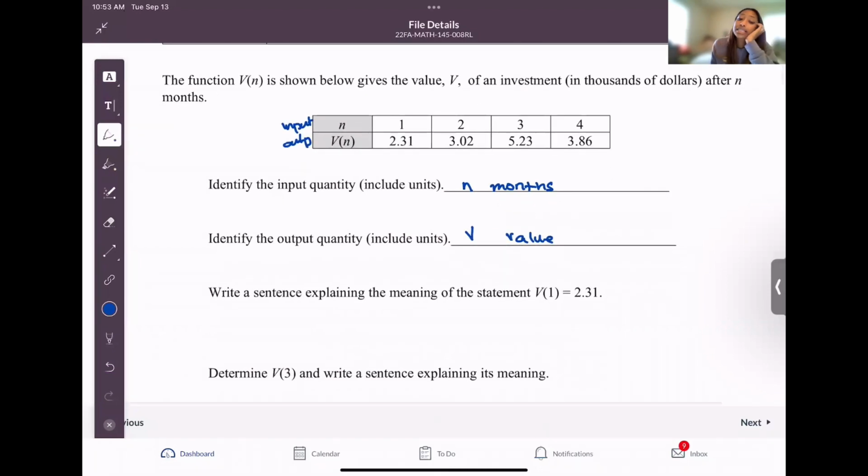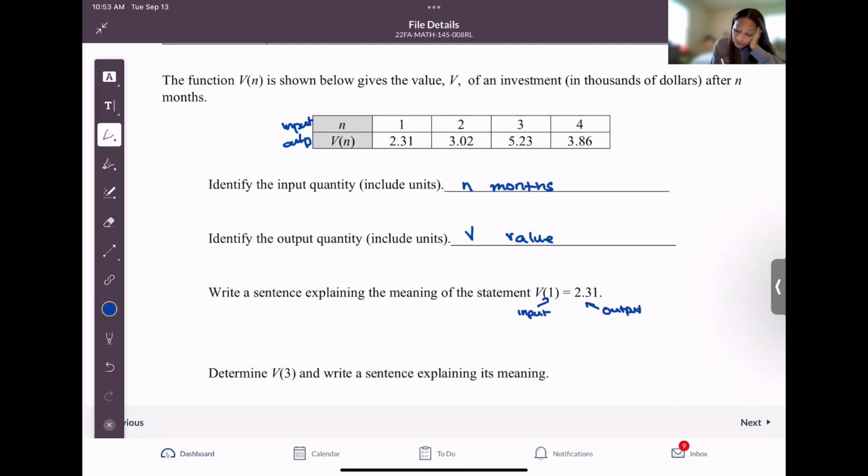Write a sentence explaining the meaning of the statement V of 1 equals 2.31. Remember, this 1 represents the input, and this 2.31 represents the output.